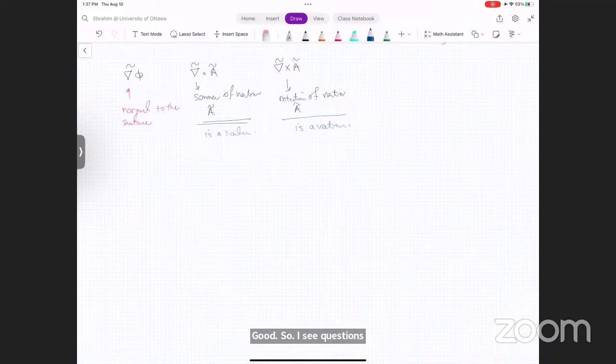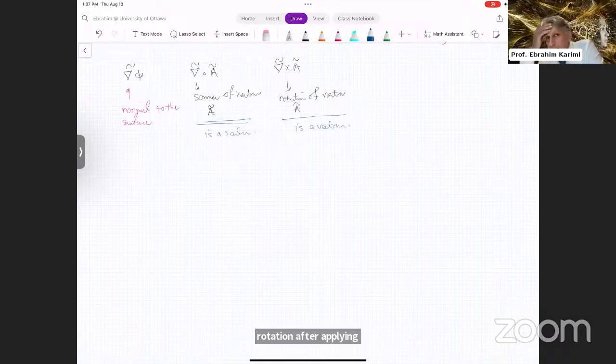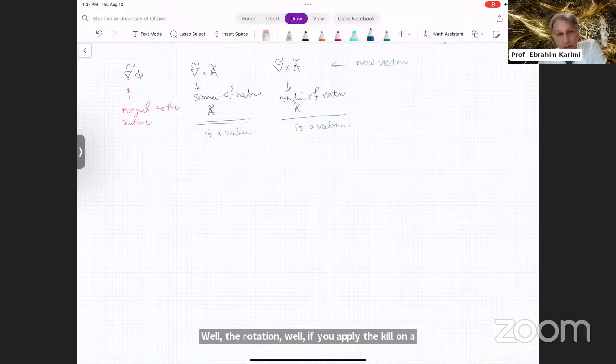So I see questions. Does the direction of V, the vector, change due to the rotation after applying the curl? Well, if you apply the curl on a vector, that's completely new. It is a new vector, completely independent.